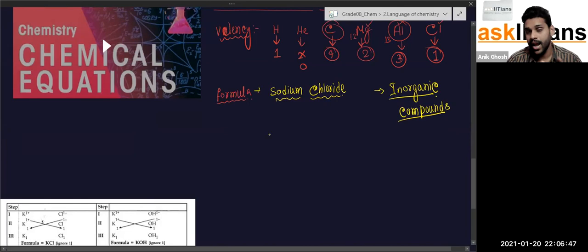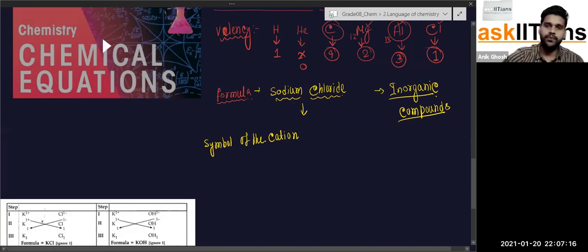So first we are going to write the symbol of the cation, and then the symbol of the anion.